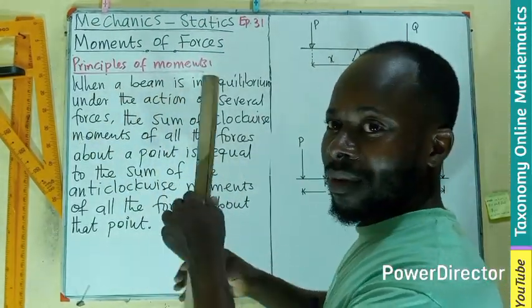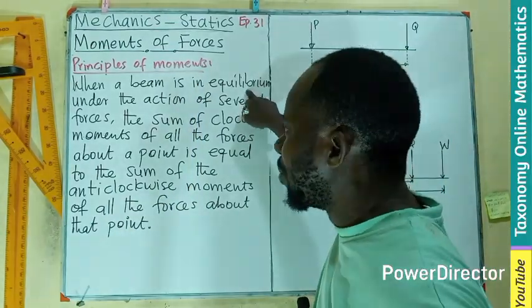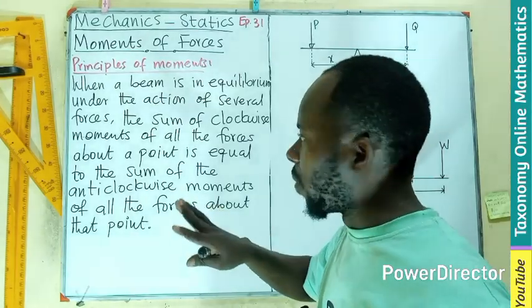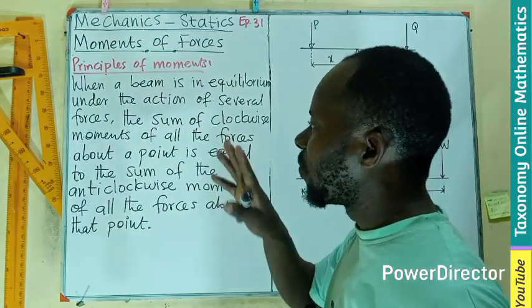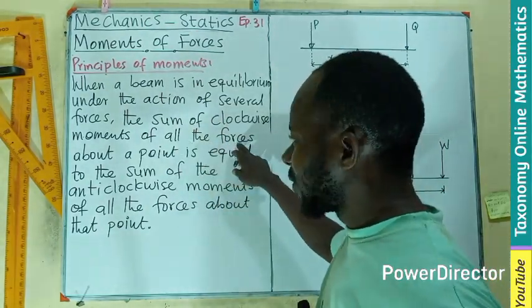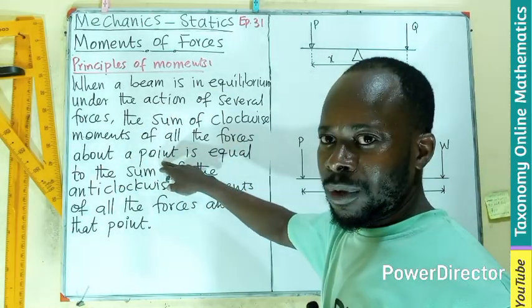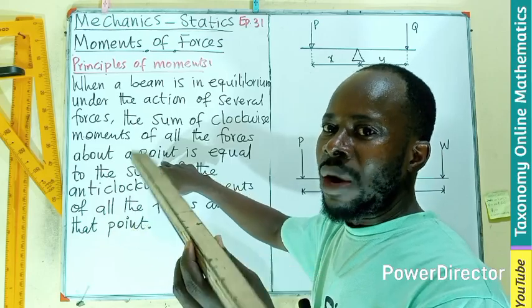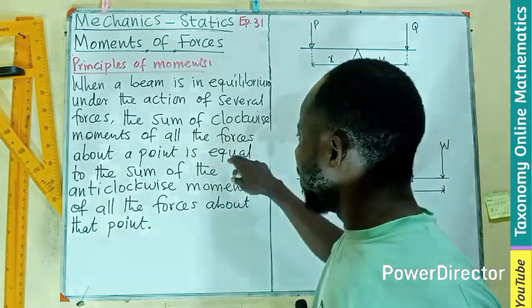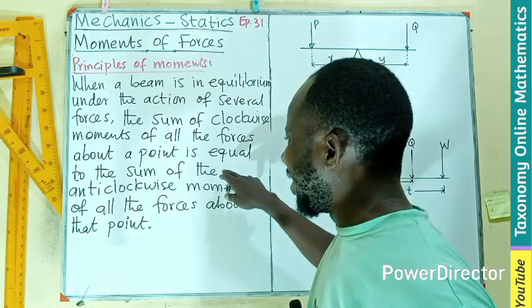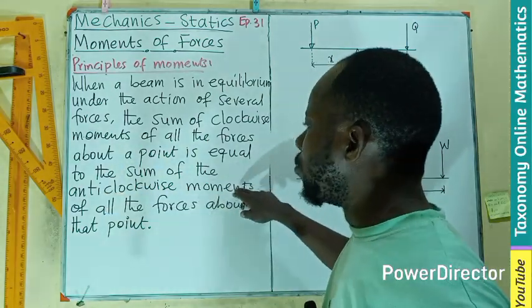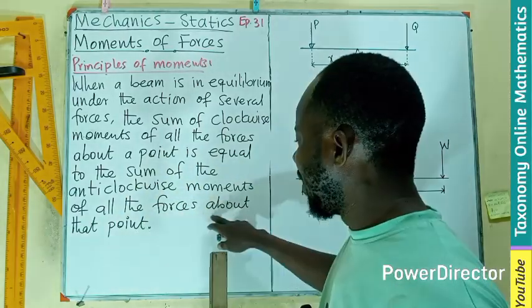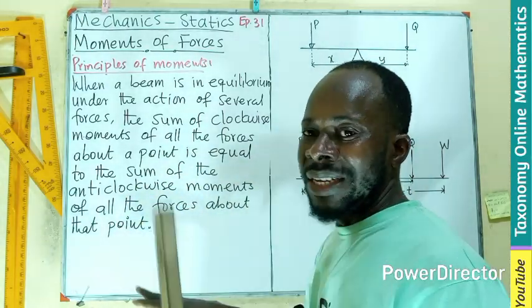When a beam, something like this, is in equilibrium under the actions of several forces, not only one force, the sum of the clockwise moments of all the forces about a point, so you identify the point, then locate those forces that are going in the clockwise direction, all of them, is equal to the sum of the anti-clockwise moments. Here we are talking of moment, not forces, moment, of all the forces about the same point.